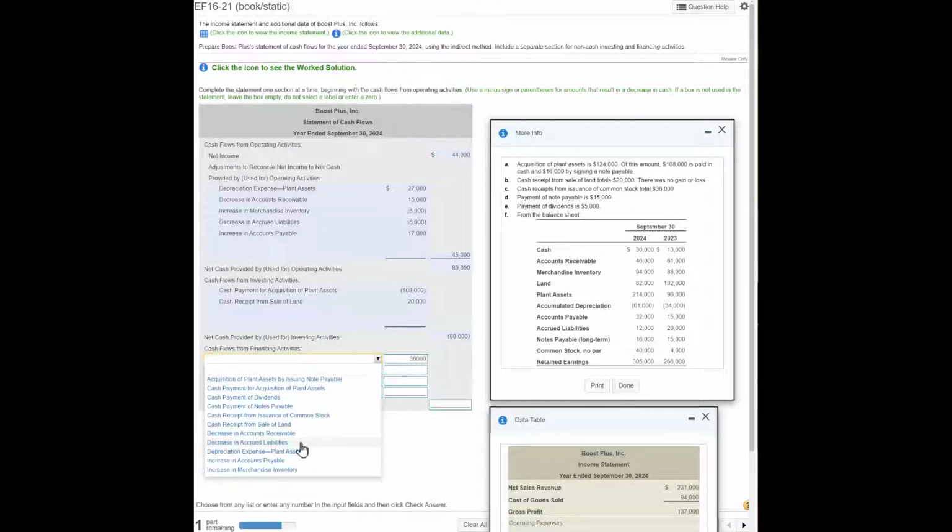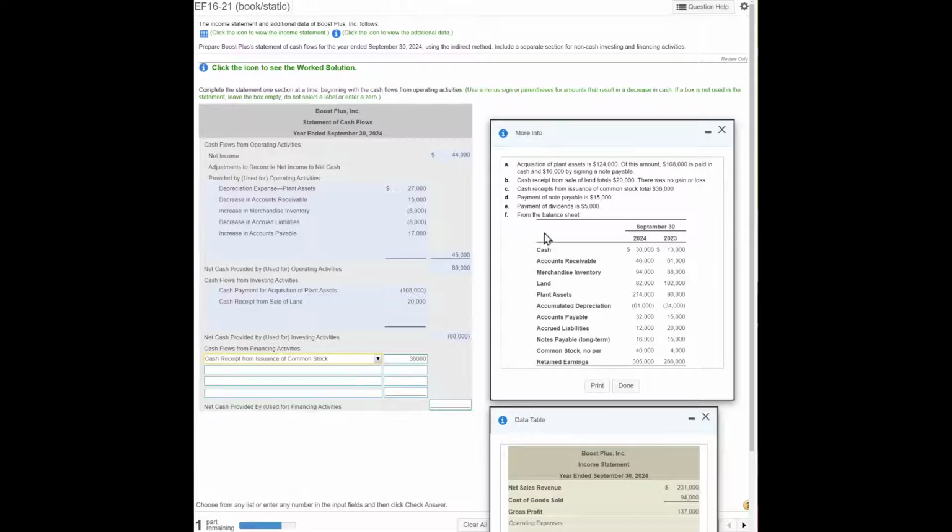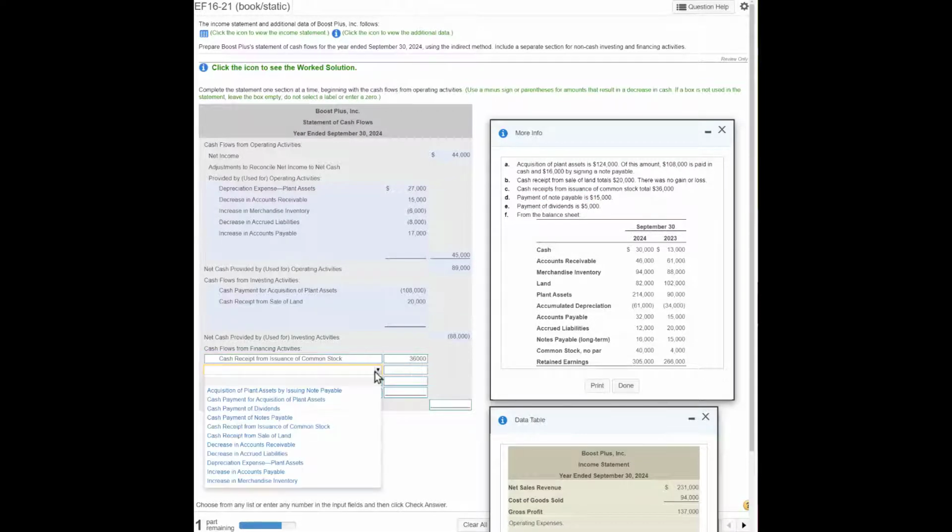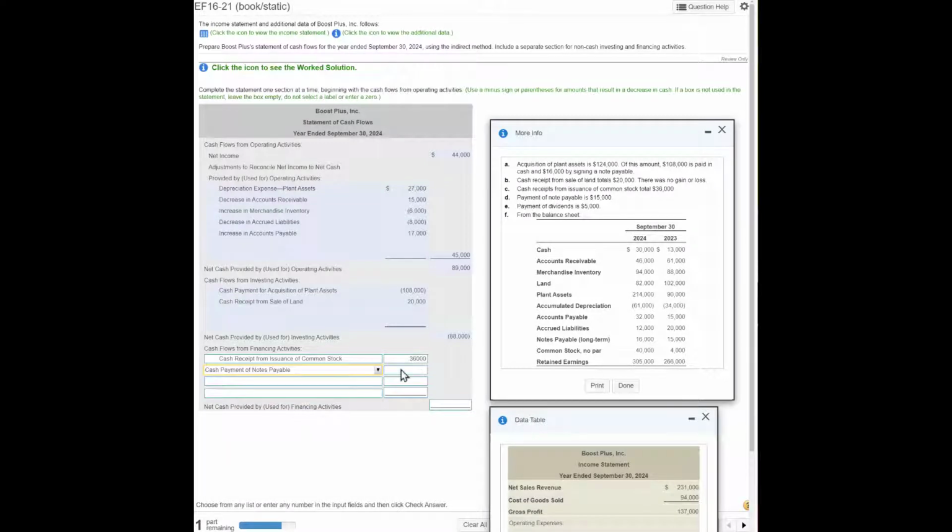How much cash did we receive? 36,000. Cash receipt from issuing common stock. Next, we paid a note payable. So we paid off a note payable. Here we go, cash payment of notes payable. And since we're paying the note payable off, cash is going down.